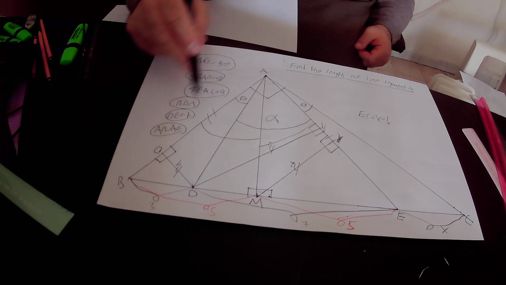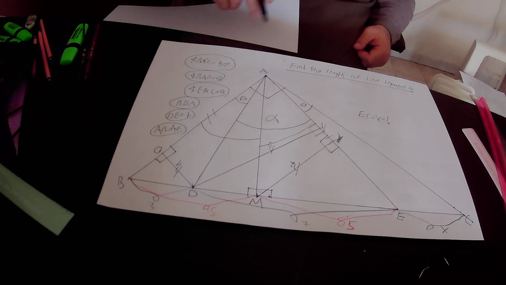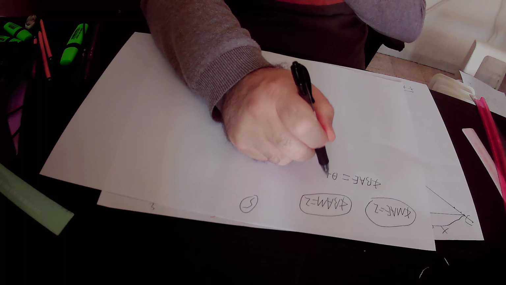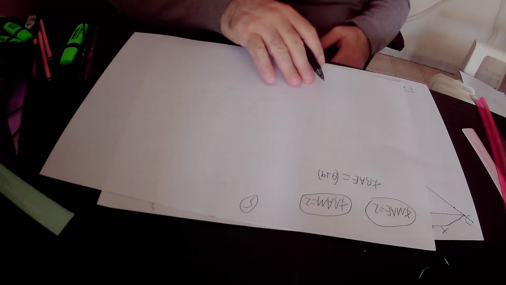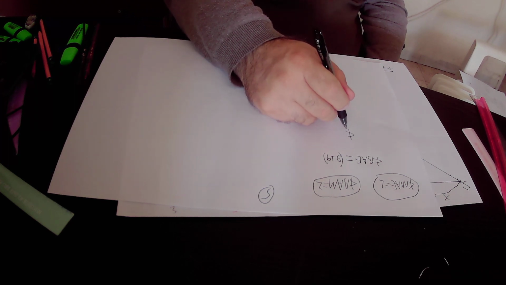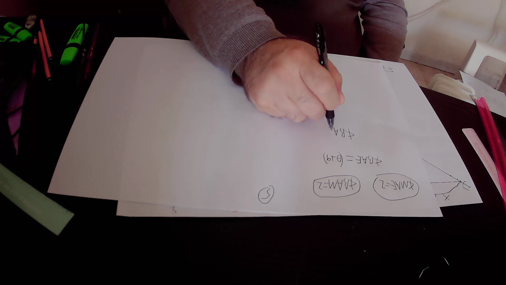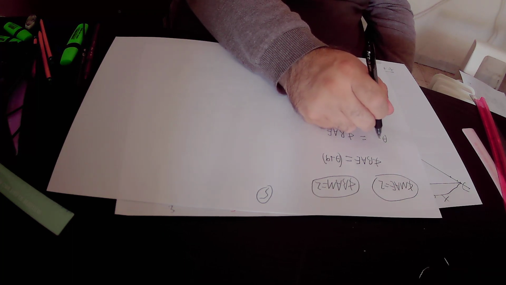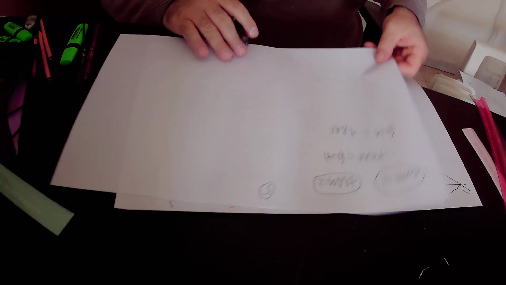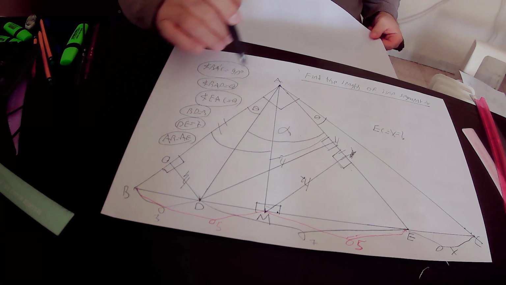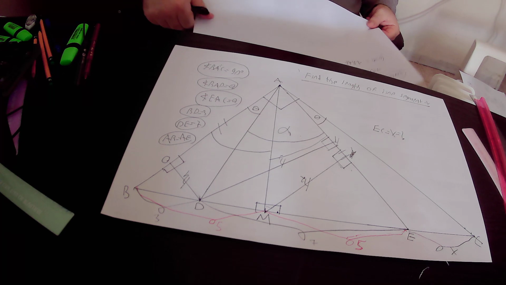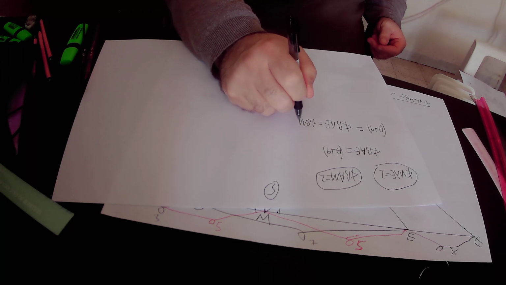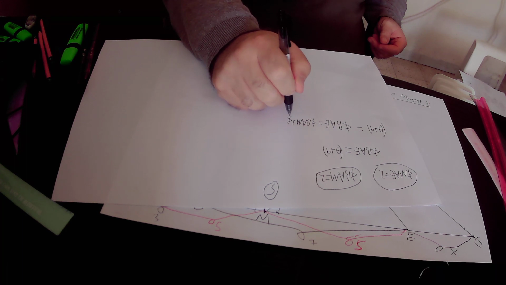Angle BAE equals theta plus alpha from one side, but from the other side, angle BAE equals angle BAM plus angle MAE.